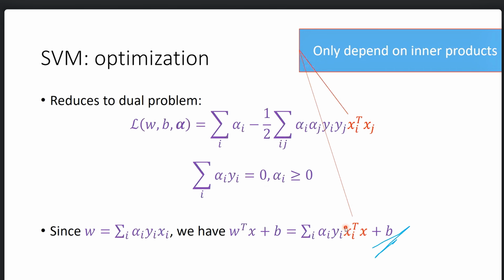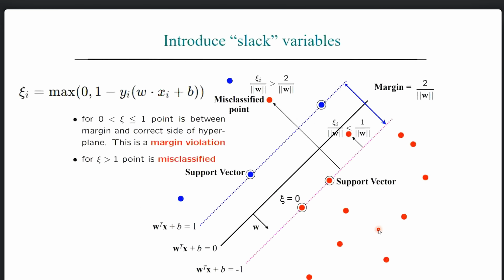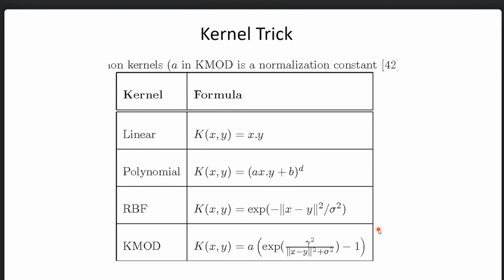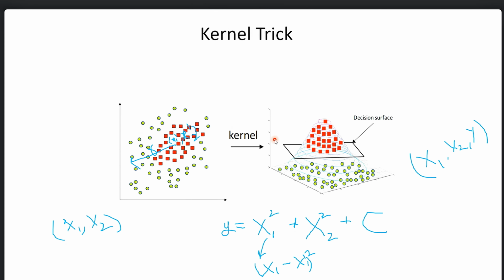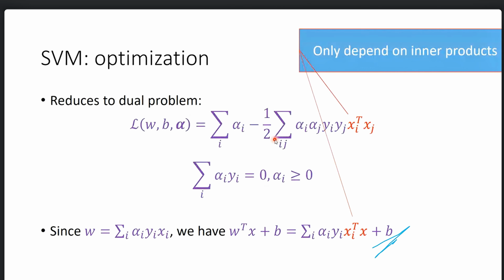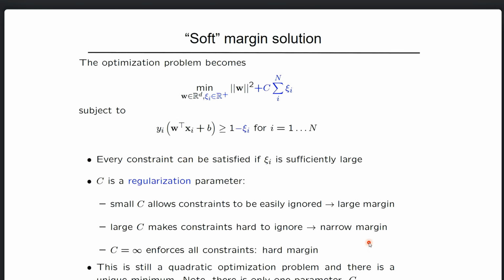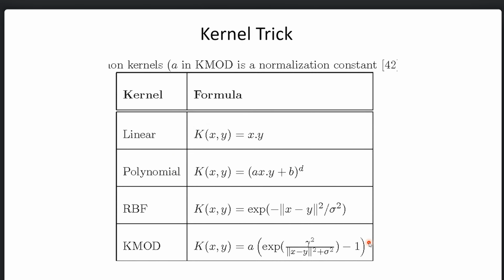You don't need to substitute the transformation here. What you can do is pre-calculate. Now, this is the linear case, which is already there, where instead of x1 there is x1 and x2, so x dot y. So you can also call it a linear kernel, where x1 transpose into x is just a simple dot product.